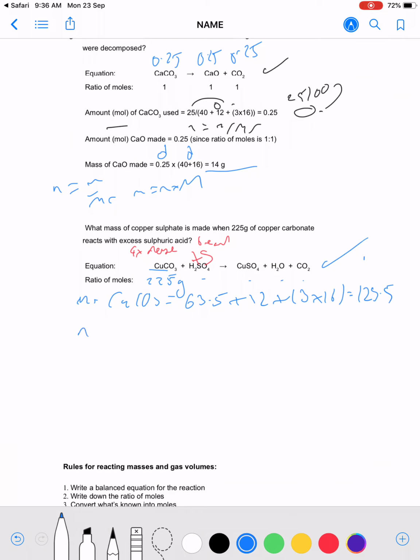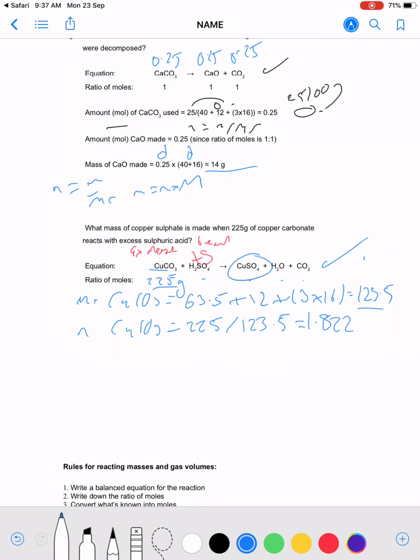So the moles of CuCO3 is going to be 225 divided by 123.5. Okay, 225 from the question, 123.5 from the sum of the atomic masses. That equals 1.822 moles.